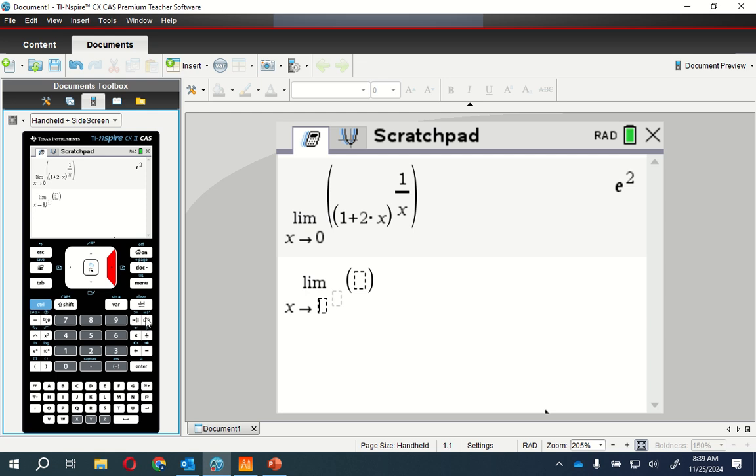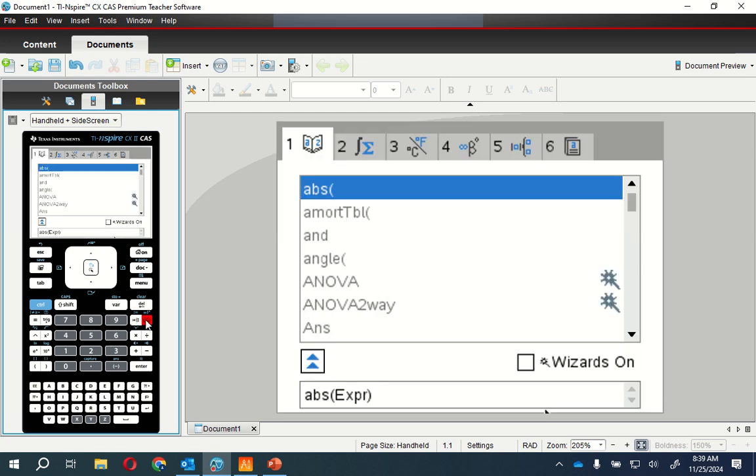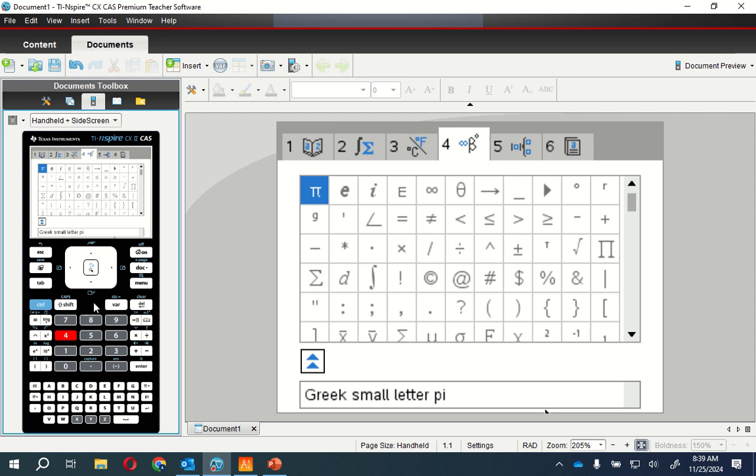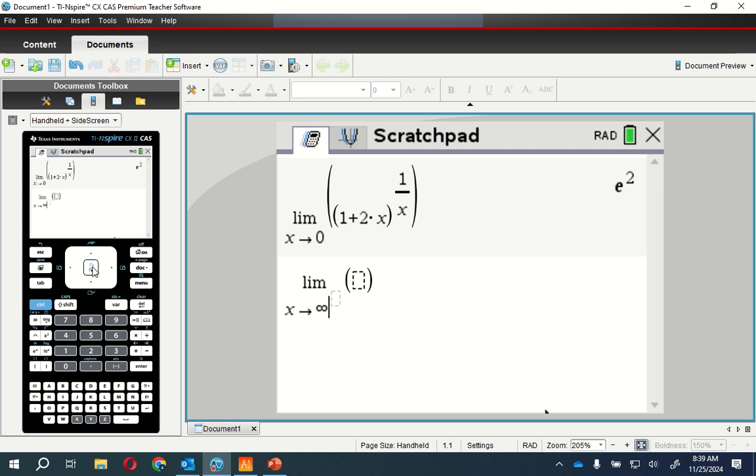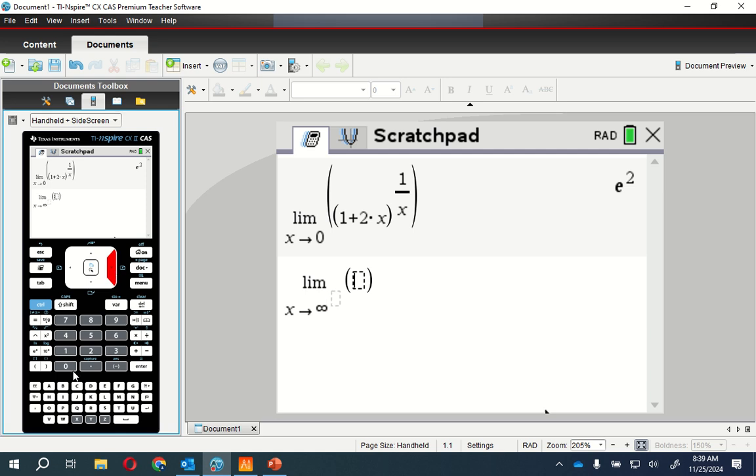Where's infinity? One plus 3 over x, right?